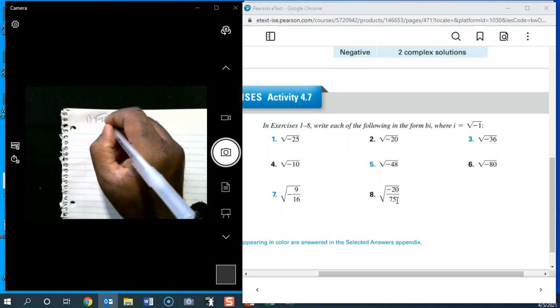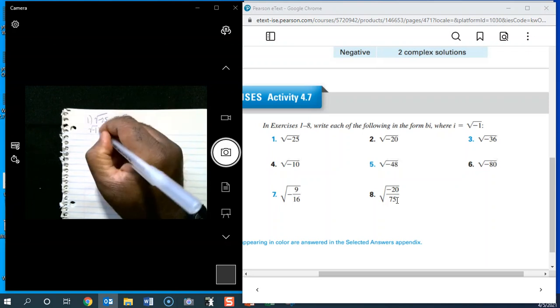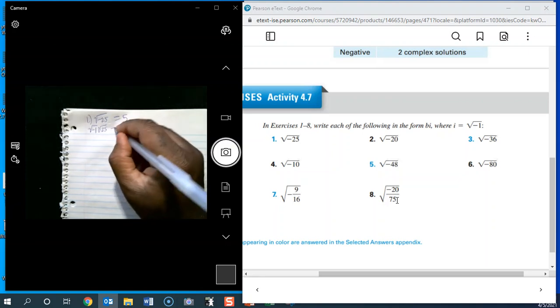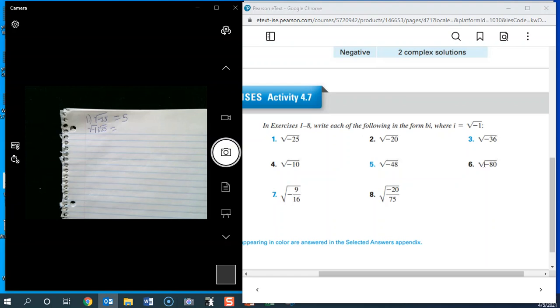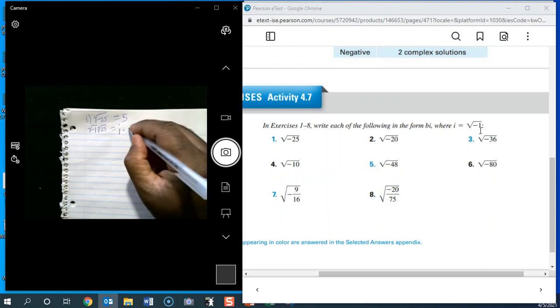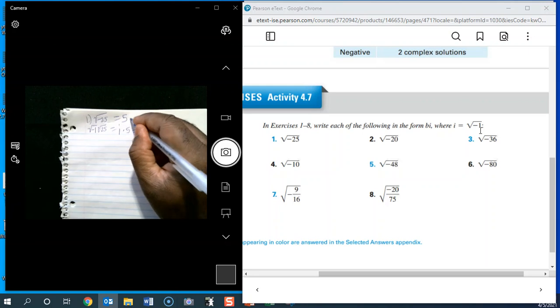But in your mind, the square root of -25 is the same as the square root of -1 times the square root of 25. The square root of -1, which is stated here, is equal to i. So that'll be i times the square root of 25, which is 5. i times 5 is 5i.